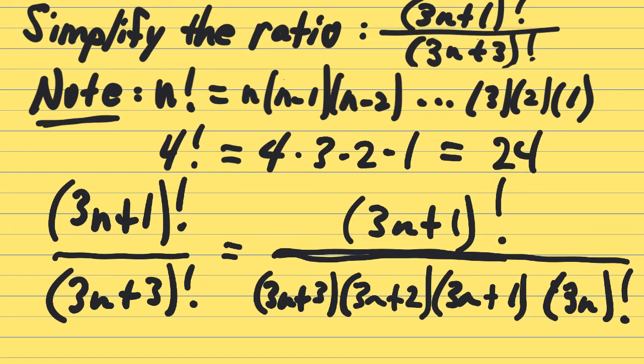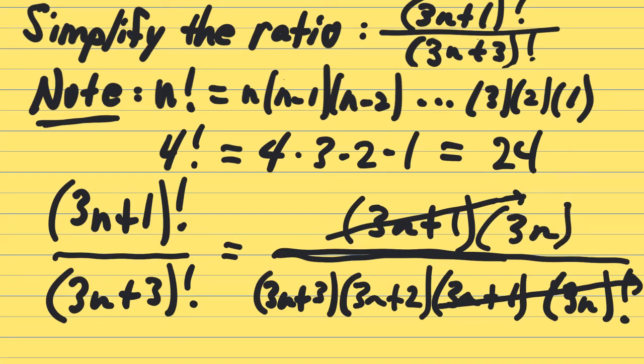Okay, so if you think about the numerator, that's 3n plus 1 times 3 to the n. Everything from this term downward, let's make sure you can see that. If I take off that factorial in the numerator, and I count it down 1, see how we get that cancellation?